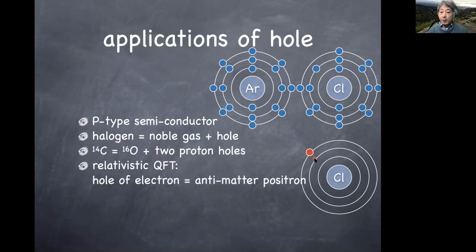In particular, when you ask what is the angular momentum of the chlorine atom, you don't need to add angular momenta of 17 electrons to work out its wave function. Rather, you only talk about adding a hole into this 3p orbital. So you know right away that the orbital angular momentum of this chlorine atom is 1.